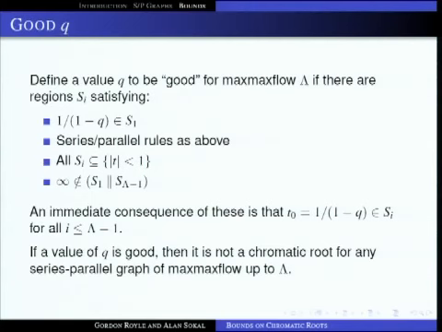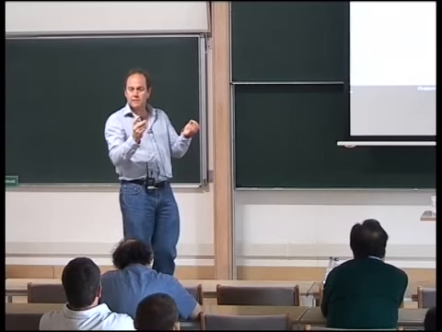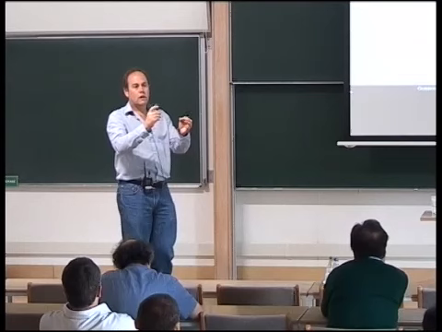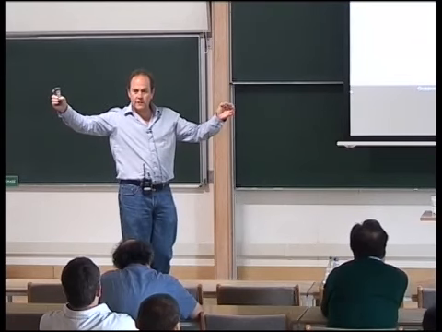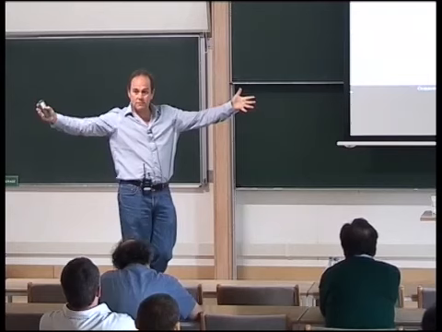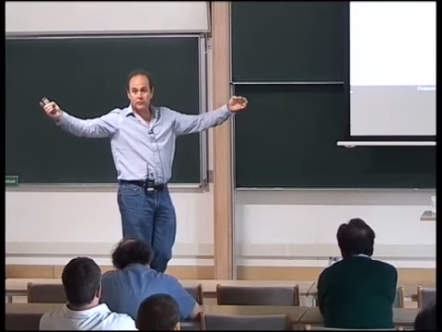Okay, so if value of Q is good, then it's not a chromatic root for any series parallel graph of max flow, anything up to lambda. Okay, why are we preventing things leaving this disk? Well, because if something did leave that disk, then it would have modulus greater than 1, and we could just throw a whole bunch of those in series and increase the modulus arbitrarily, and infinity is the bad point that we're trying to avoid.